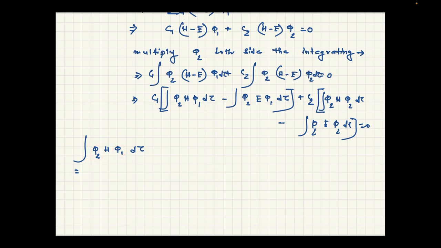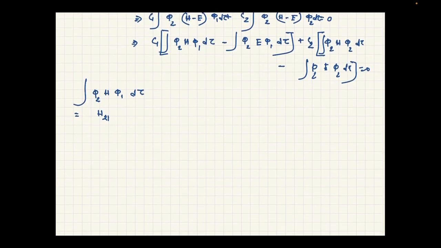We call this term H21. Another term is phi 2 E phi 1 d tau. E is the energy, a constant, so you can take it out: E times phi 2 phi 1 d tau.